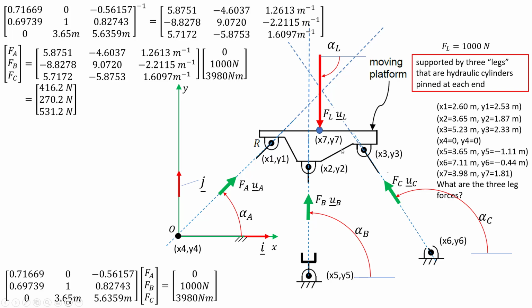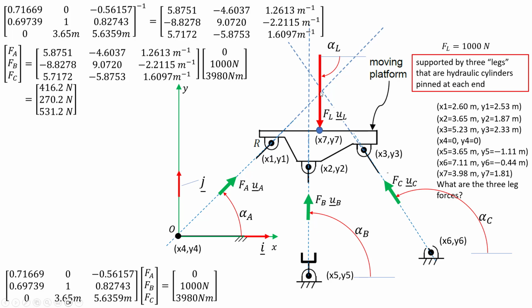And if you look at the geometric layout of this, you see that the line of action of the load very nearly passes through the line of action of the A leg and the C leg. Had that line of action of the load passed perfectly through there, that would have meant that B would have been 0.